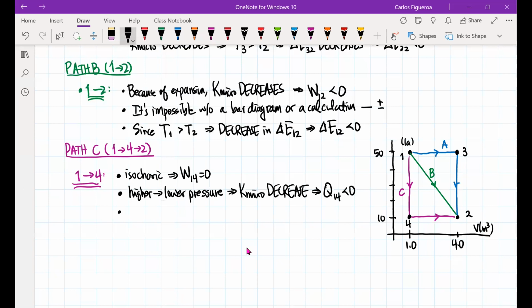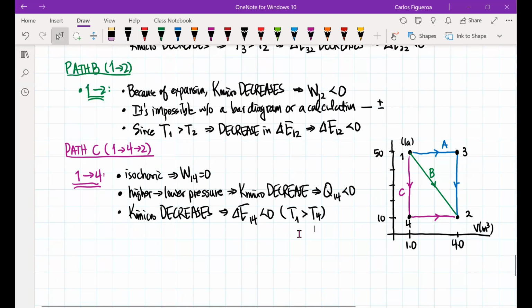But then again, if K micro decreases, that again tells us that then the internal energy from 1 to 4 must decrease. And again, the temperature of 1 is greater than the temperature at 4. So I know my signs from 1 to 4 here.